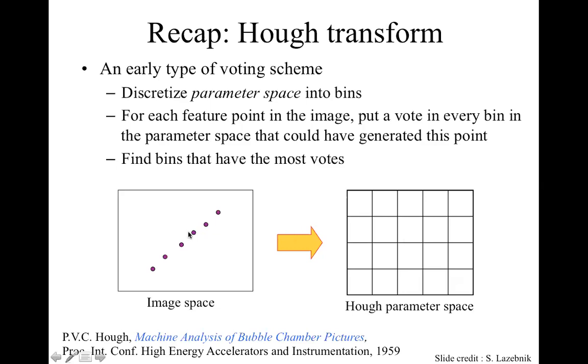Each feature point in the left image, and when I say feature point here, I'm referring to an edge, a pixel on an edge, will vote for a cell here, meaning that you will have cells accumulating votes. In the end, after you process the entire image, the cell that has the highest number of votes will represent, in parametric form, the line that cast the largest number of votes.